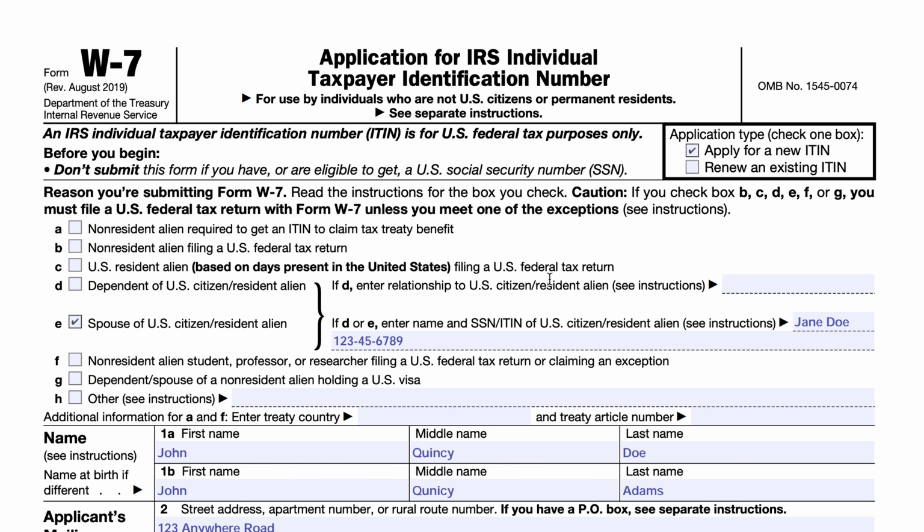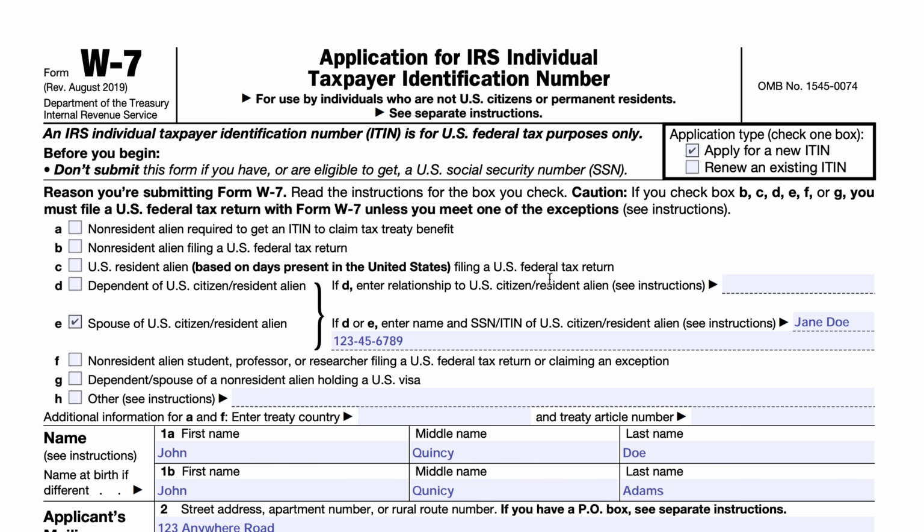I guess a common question would be, why would someone want to do this? The quick reason is that there might be tax benefits available to you if you have a taxpayer identification number that you wouldn't be able to access if you don't.